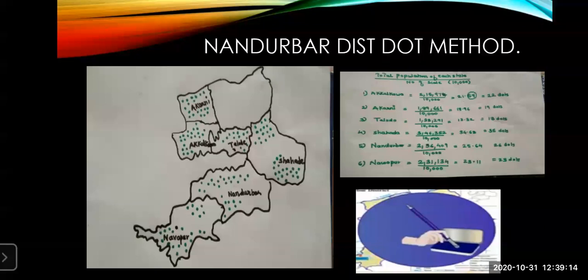Maybe the river is passing through it, or maybe the transport system passes through it, because we can refer to the map given as the question, and they have shown the transport system and the river passing through it. So you cannot put a dot over there. That is why the middle place is kept empty. I hope you have understood this. We had not covered this in the previous part, but now we have covered this dot method exercise.